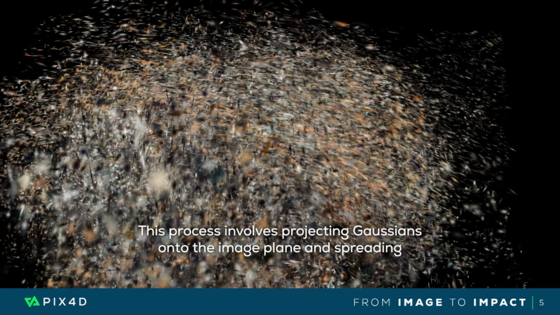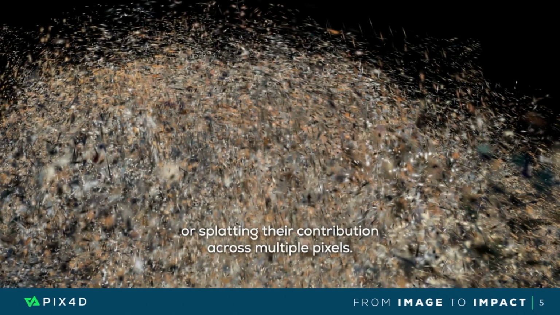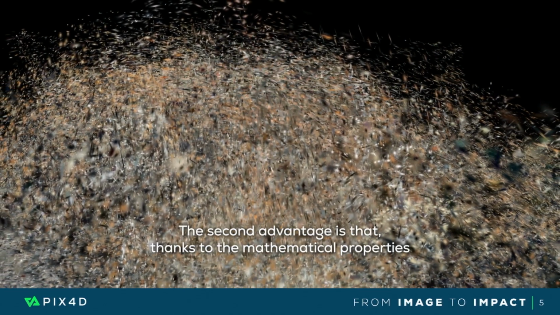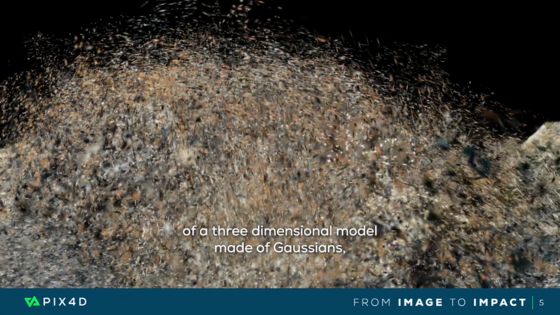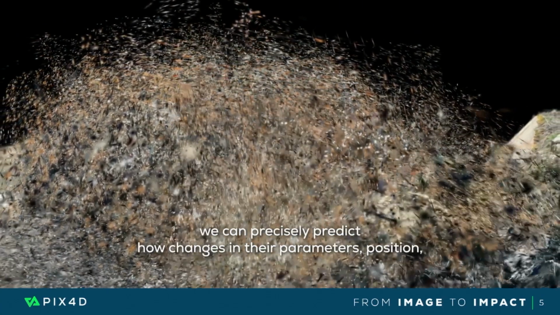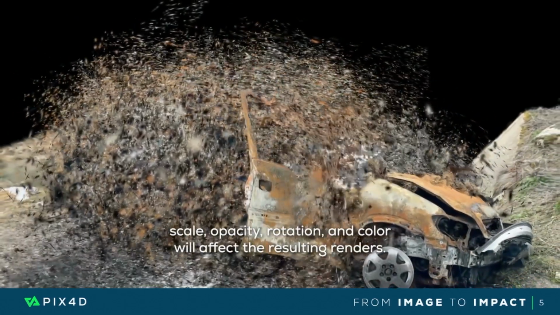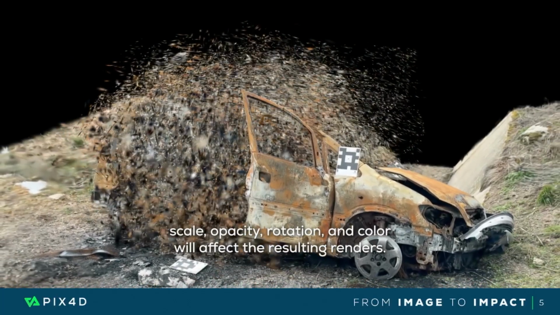This process involves projecting Gaussians onto the image plane and spreading, or splatting, their contribution across multiple pixels. The second advantage is that thanks to the mathematical properties of a 3-dimensional model made of Gaussians, we can precisely predict how changes in their parameters, position, scale, opacity, rotation, and color will affect the resulting renders.